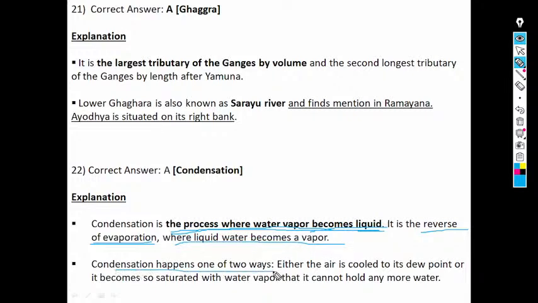Condensation happens in two ways: either the air is cooled to its dew point, or it becomes saturated with water vapor that cannot hold any more water.